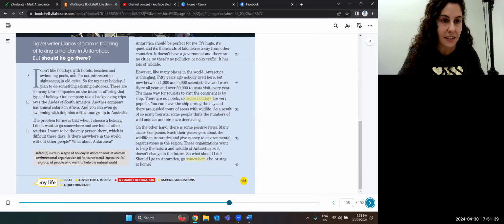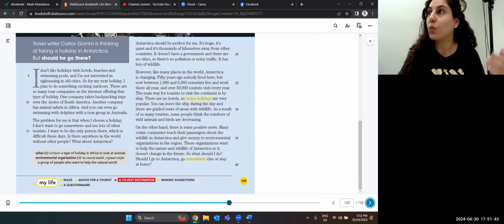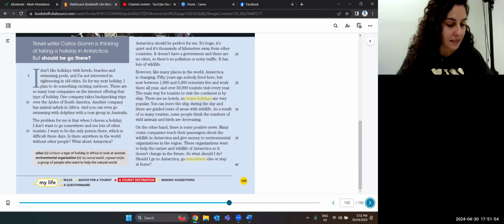We can see in paragraph 1, he tells us what he likes and what he doesn't like. So you can see he doesn't like places with lots of tourists, and he doesn't like sightseeing in old cities. He likes somewhere exciting and outdoors.